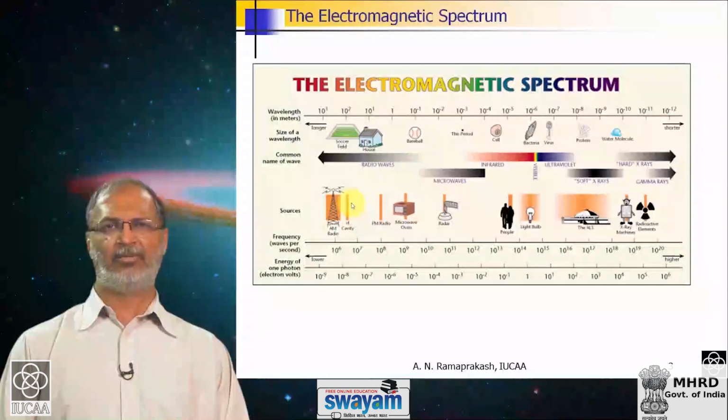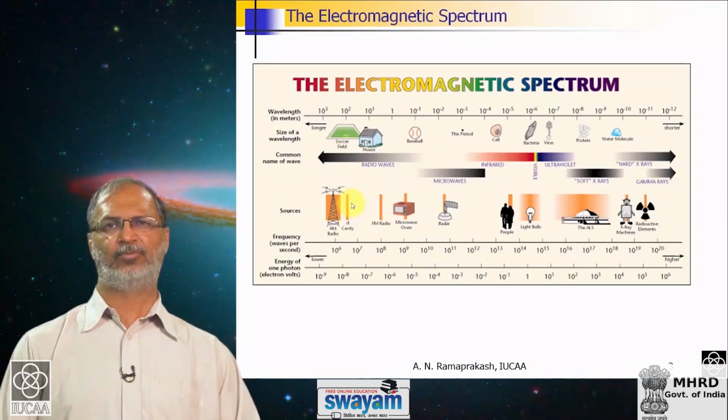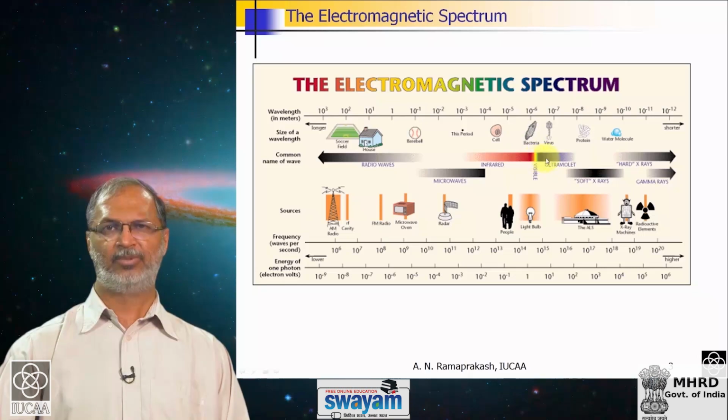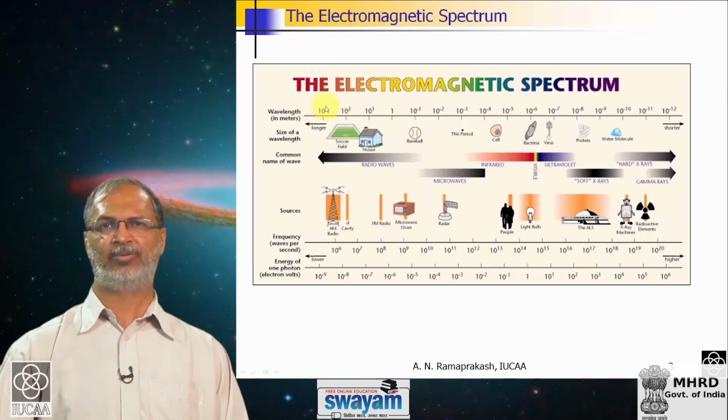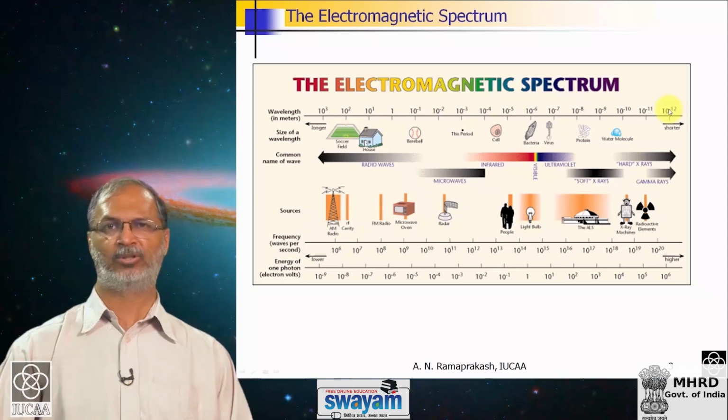But today I will not talk about the whole range of electromagnetic spectrum which astronomers use to gather information about celestial objects. I will concentrate only on a very small part of the electromagnetic spectrum, which is highlighted here. The electromagnetic spectrum covers wavelengths all the way from X-rays to radio waves, and it is a very large range of wavelengths, and astronomers use all these wavelengths to study celestial objects.